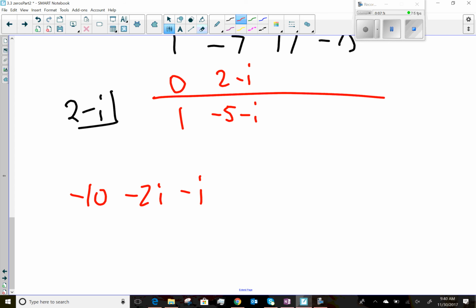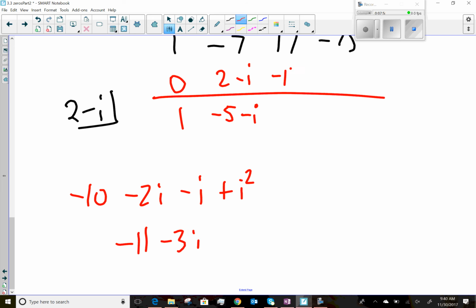Why did I put a negative here? Oh, that's right. Maybe I didn't put that dot. That's an i. Okay, sorry. Sidetracked. Okay. And then -i, and then a positive i squared, which is -1, so that means -11 minus 3i.